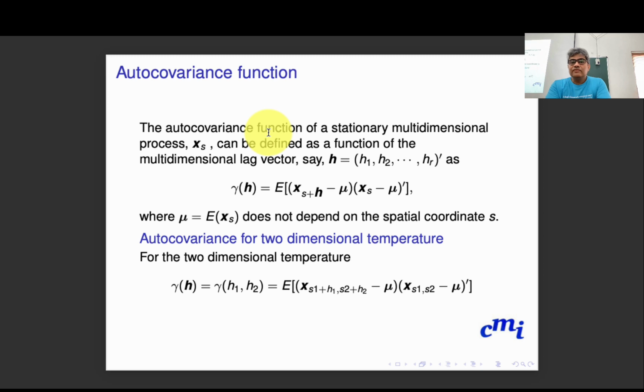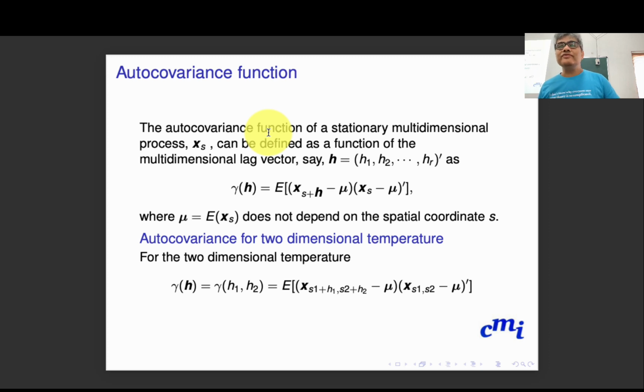The autocovariance function now I'll talk about. Essentially this is just whatever we have done last week. I'm just writing it in the matrix notation, because when you are handling multivariate data, it is better to represent it using matrix notation.